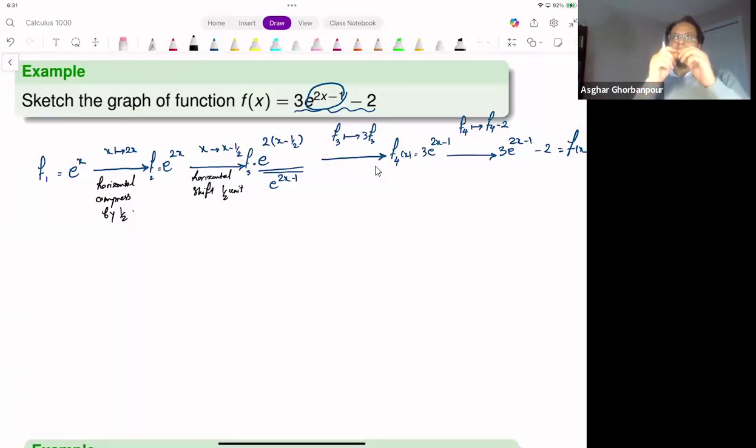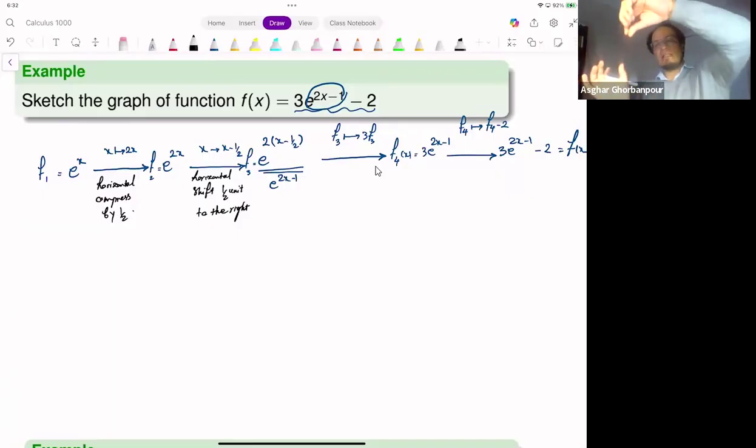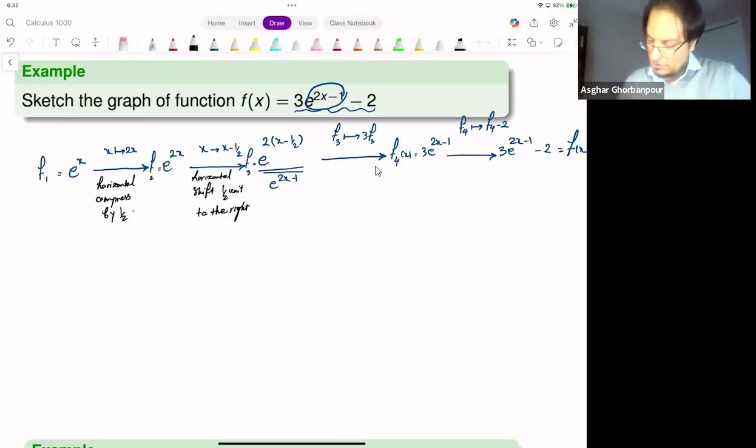So in other words, wait, my zero value will go to the right. I'm shifting things to the right. My old negative half will come to zero. So everything is shifting to the right.